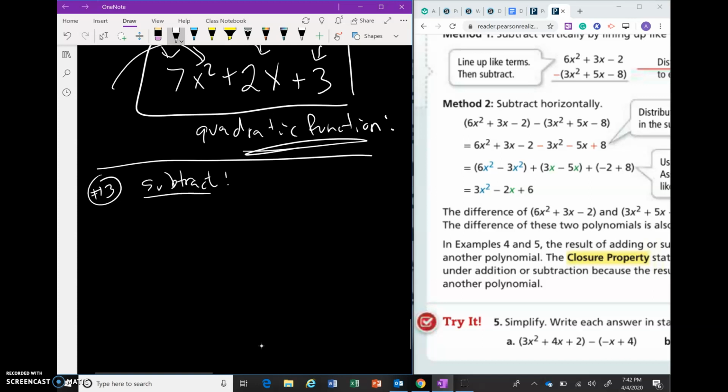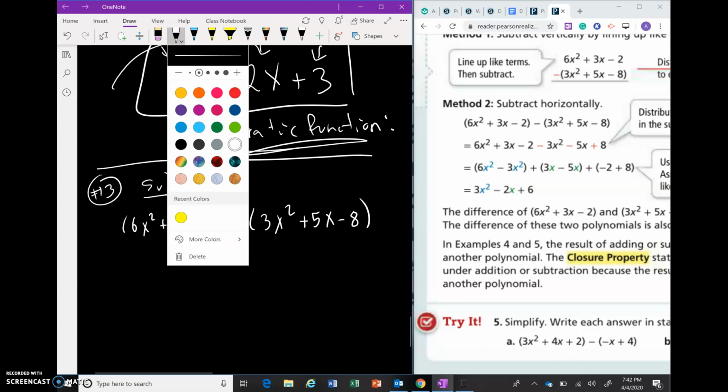I think the book does it vertically and horizontally. It's up to you guys, it really doesn't matter. So let me go ahead and do something like 6x squared plus 3x minus 2 minus 3x squared plus 5x minus 8.